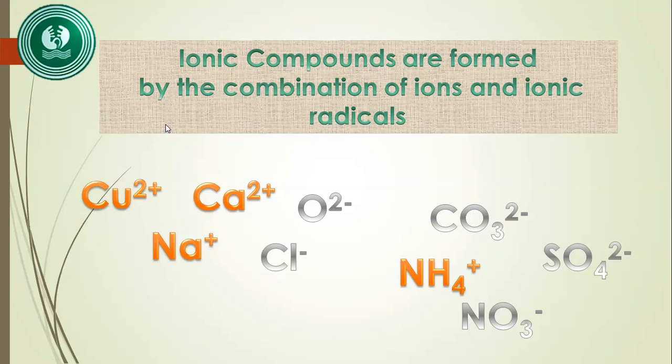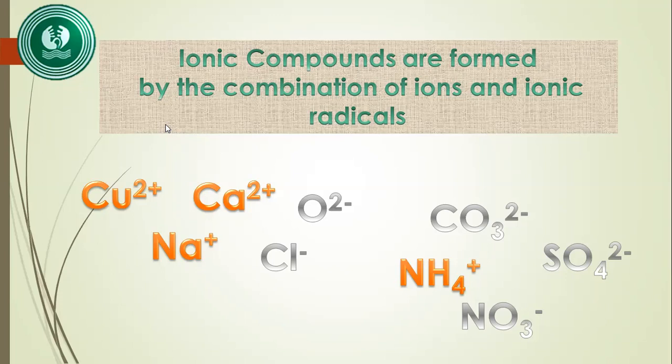But there is another possibility. These cationic and anionic radicals can combine together by a strong electrostatic force to make ionic compounds. For example, ammonium carbonate and ammonium nitrate.